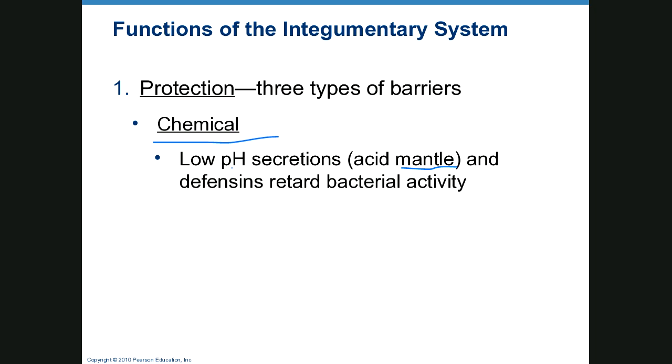And it has acidity that retards bacterial activity, also defenses. So, low pH. And that's why good quality or even mediocre quality shampoos are going to be low pH, because if you use an alkaline pH on your skin, it's going to irritate and damage it.